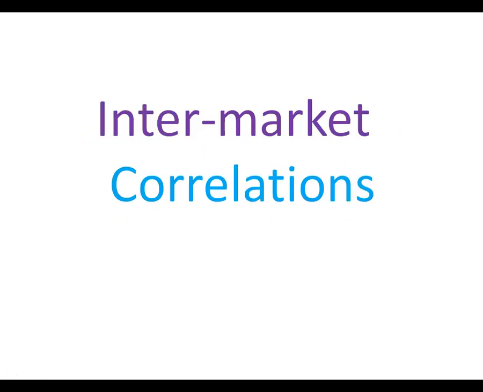Today, we're going to continue with a very important topic we began in our previous video, which is part 31. If you have watched our part 31 video, we talked about intermarket correlations. We have a lot of markets when it comes to making money online. We have the stock market, the crypto market, the metals market, commodities, futures, and under futures, we have Forex. These markets interrelate or correlate with each other.